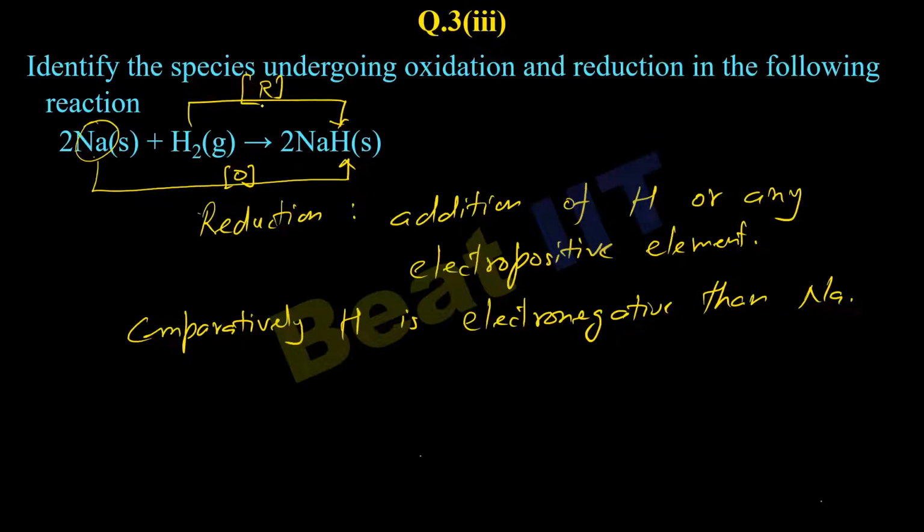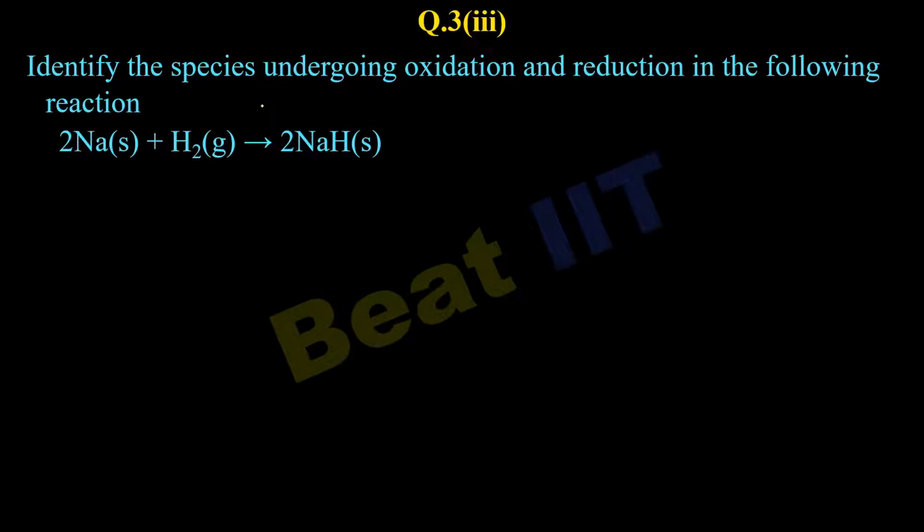You can get the same answer easily by using the oxidation number method. So calculate the oxidation numbers. Sodium in its free form 0. Hydrogen in its free form 0. Sodium in its compounds always +1. Hydrogen in hydrides -1. Hydrogen has oxidation state -1 in its group 1 and group 2 hydrides, and here it is a group 1 hydride.